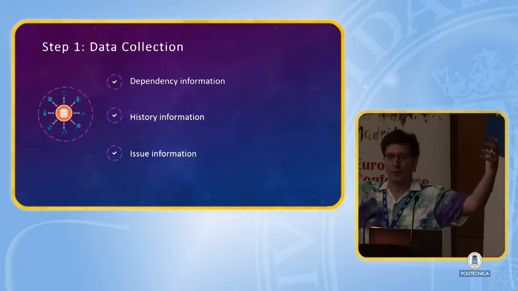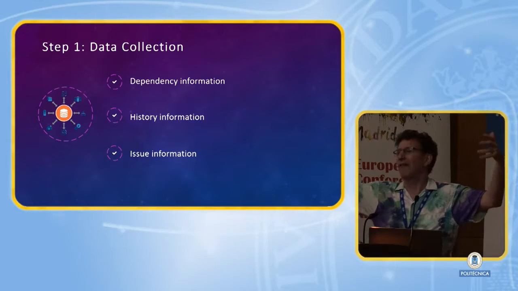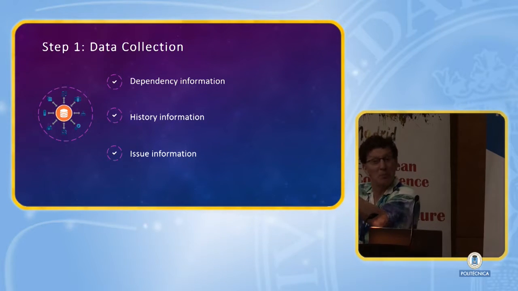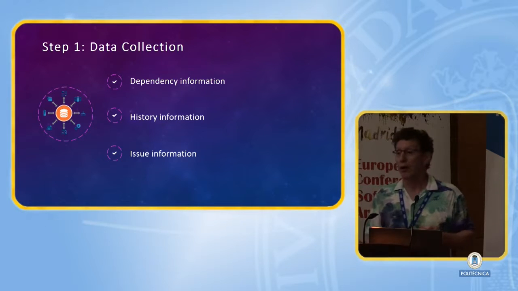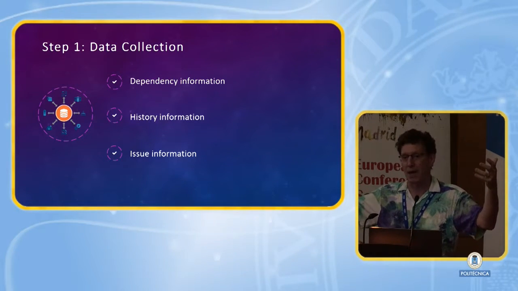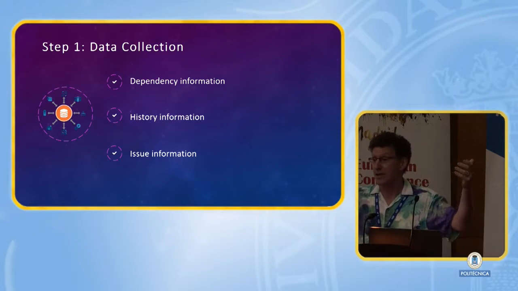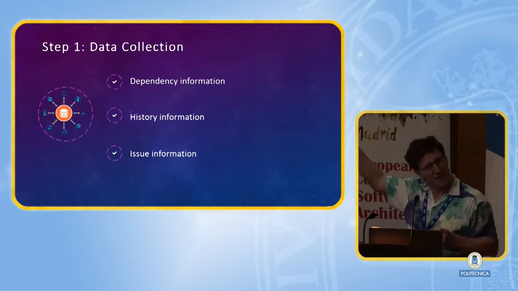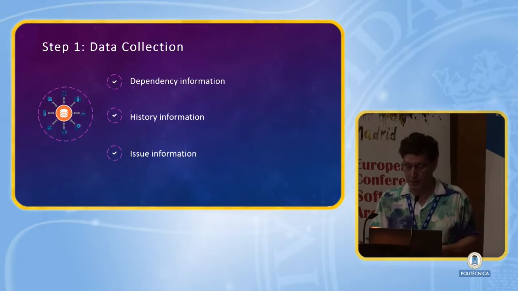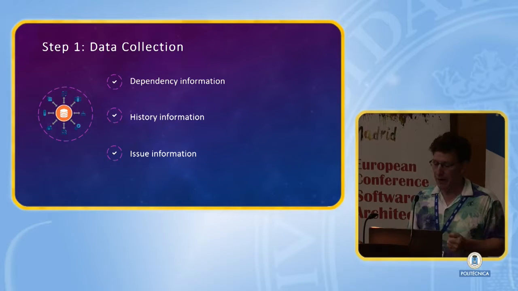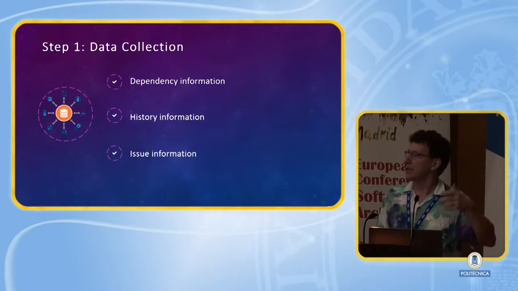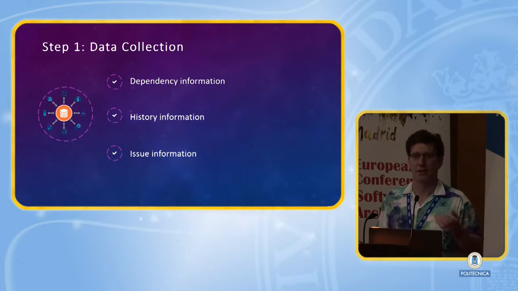A and B both depend on some knowledge of the same file format or encryption scheme or some sort of implicit dependency. Or A and B are communicating via some dynamic mechanism, maybe a pub-sub, and you're not going to see that in a static analysis. So history gives us a different insight into the dependencies. And then issues tie everything together so that you can relate these structural dependencies and these historic dependencies to bugs and to changes.